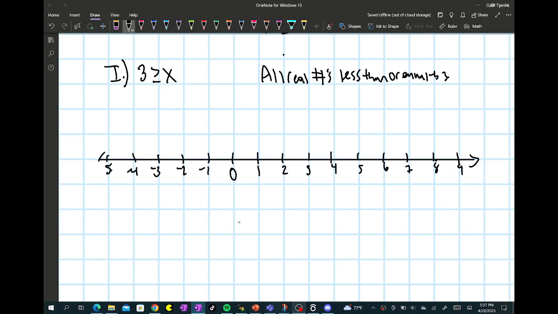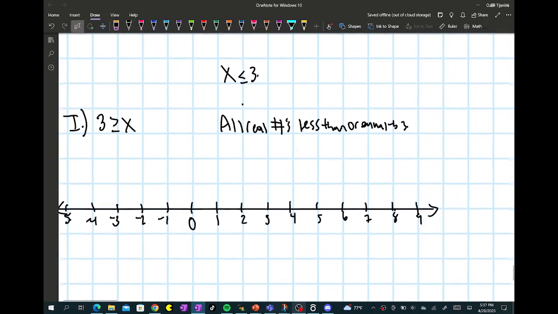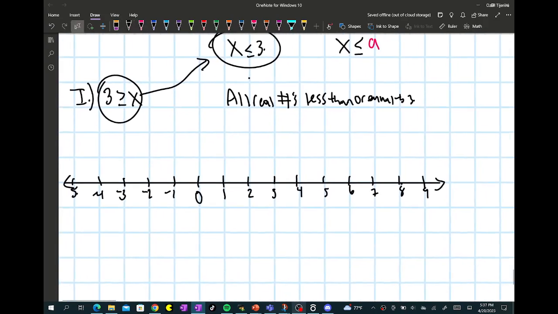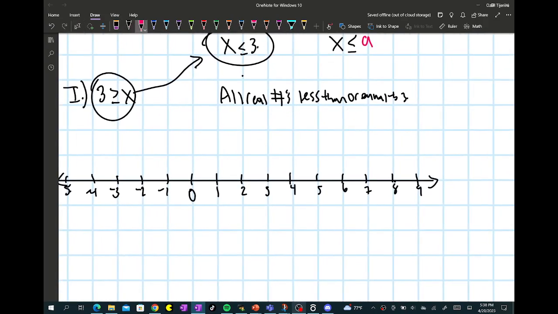Now, again, this is the last one, the less than or equal to. This is my original one, but it turns to that. And when x is less than or equal to a, the way that I would do this is put a closed dot at 3.